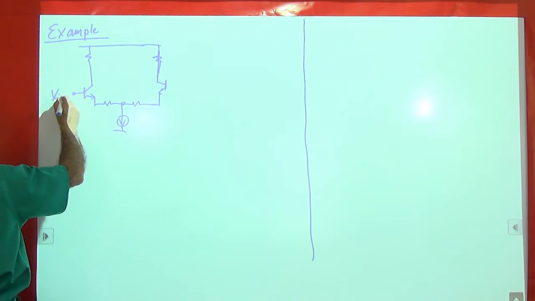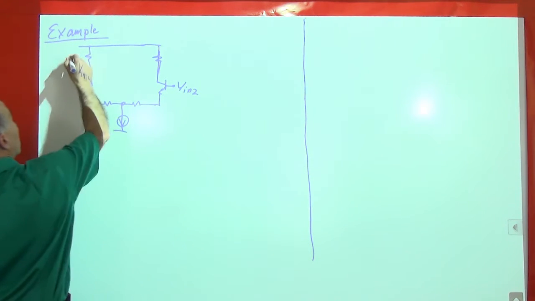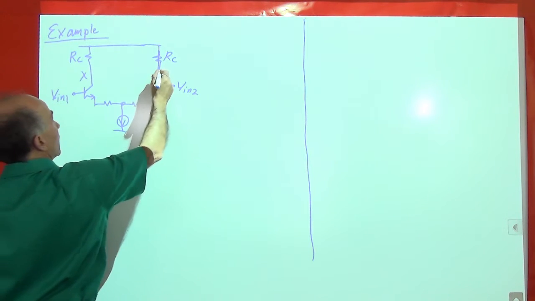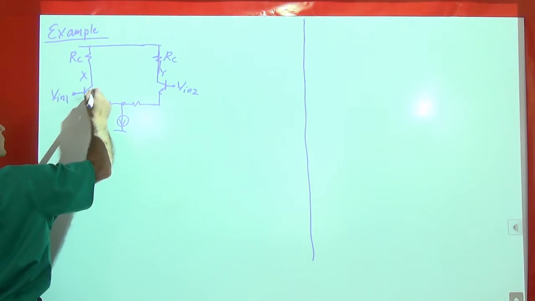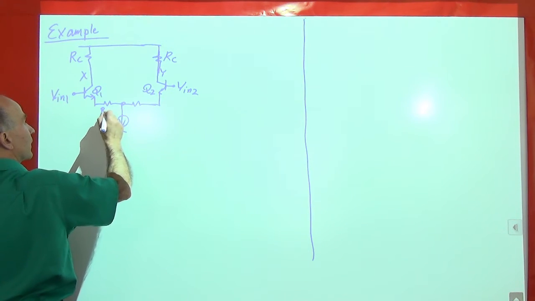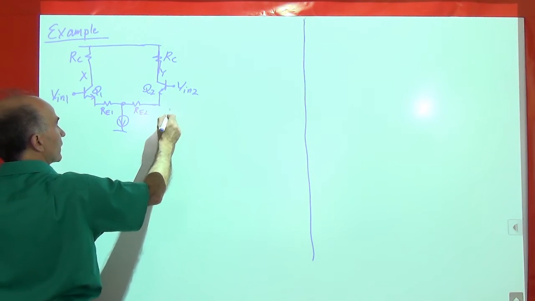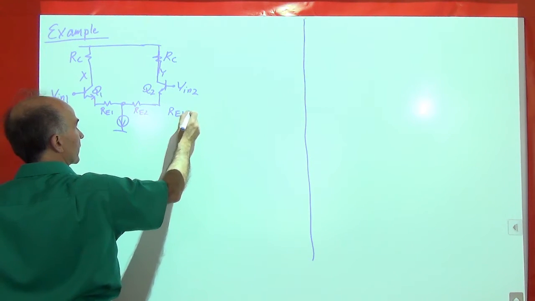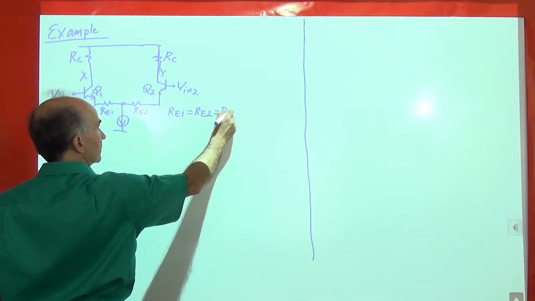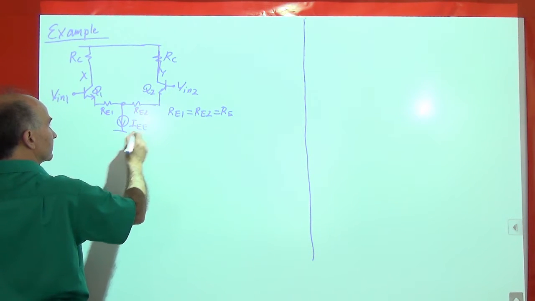So V in 1 on this side, V in 2 on this side, RC, RC, X, Y, Q1, Q2. Let's call these RE1, RE2, and we assume they are equal because the circuit is symmetric, right? RE1 is equal to RE2, we'll call it RE. And we have a tail current, IEE.